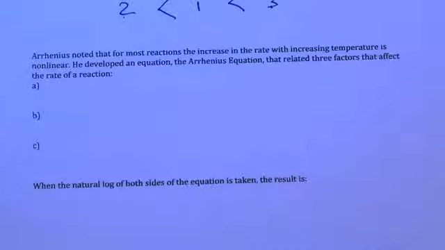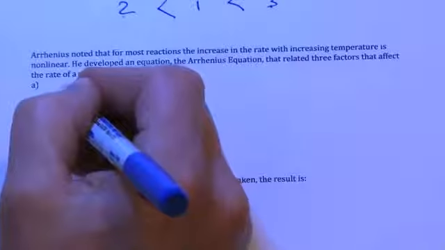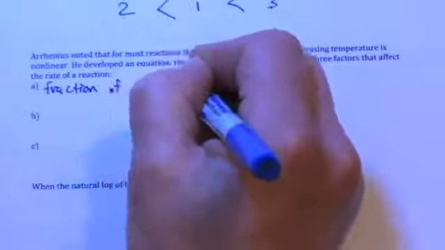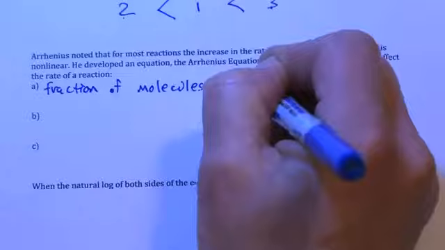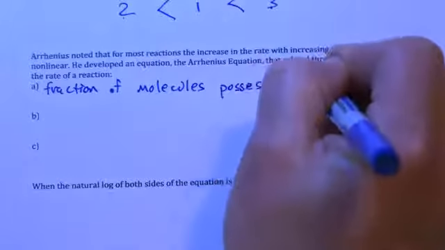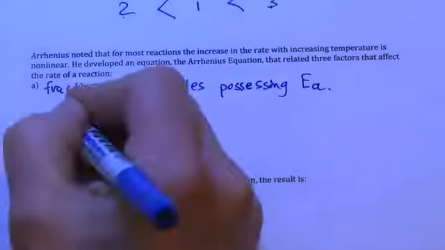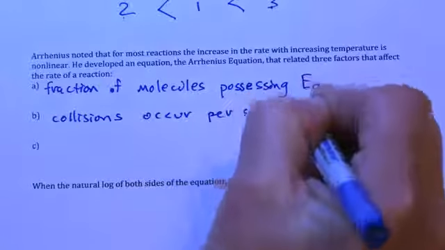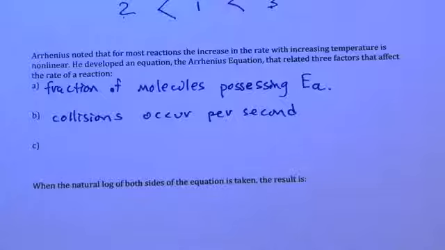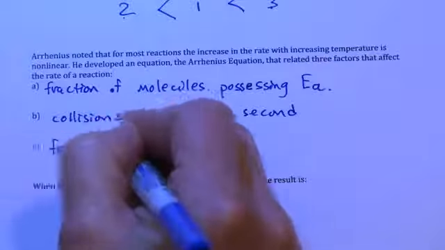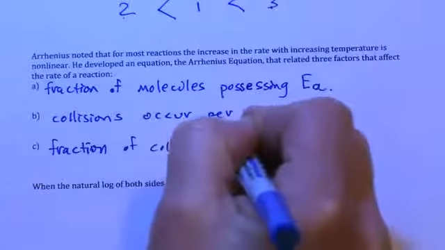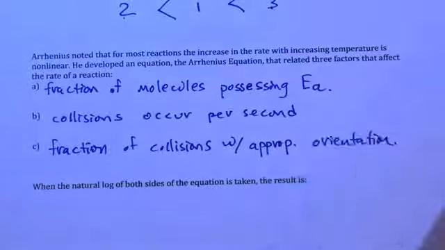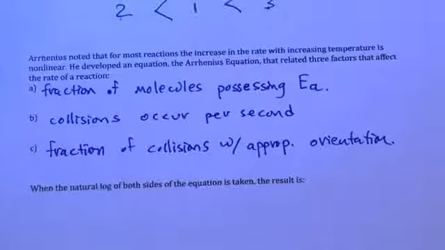These 3 factors were the fraction of molecules possessing the activation energy, the second one was the number of collisions occurring per second, and thirdly, he looked at the fraction of collisions that had the appropriate orientation factor.